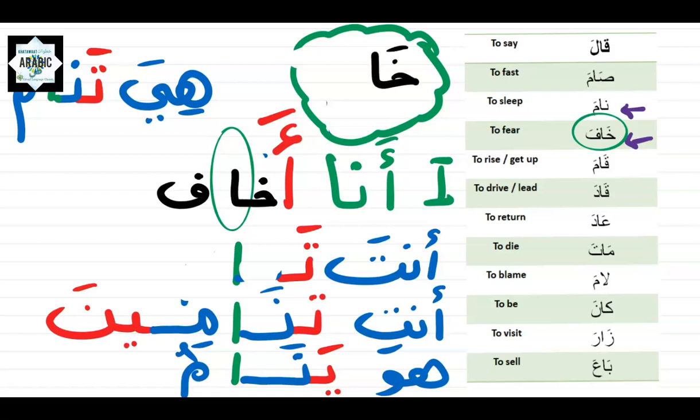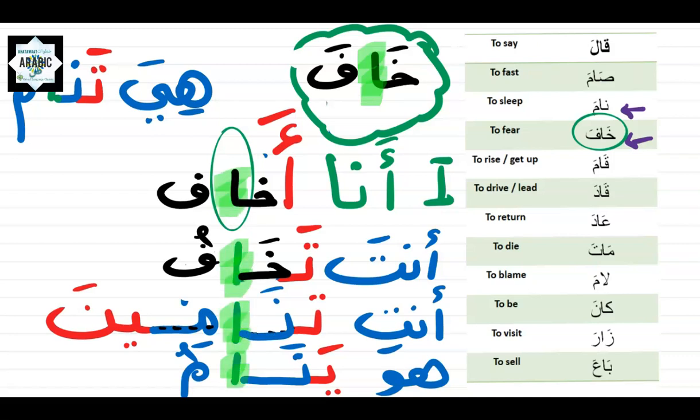So this is the verb خاف. And then I would say أنت تخاف, أنت تخافين. Then I would just change nama and place خاف. All of them share the exact same pattern, which is keeping the alif in all the subject pronouns.